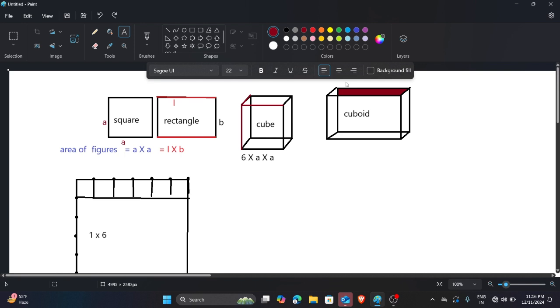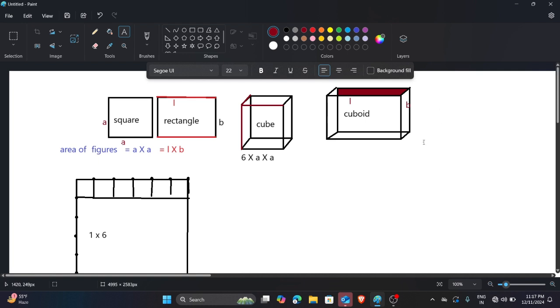So we consider this side as L, and this side as breadth, or you can say width.